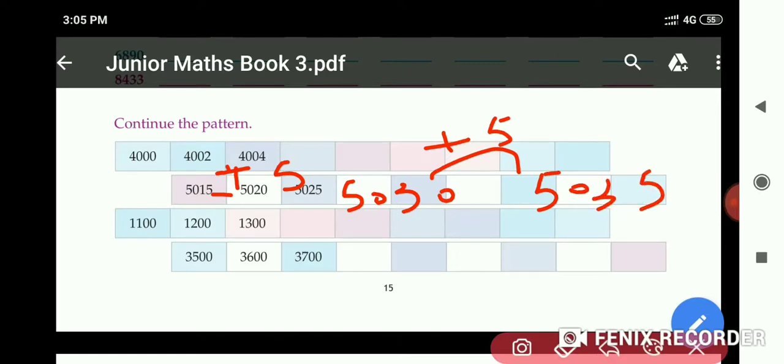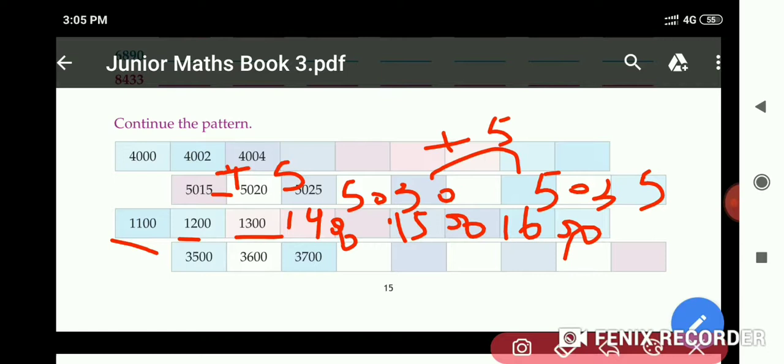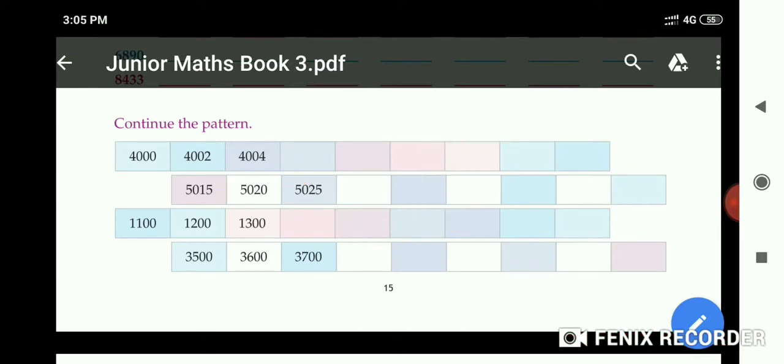Like this plus 5 we will do, and we write the pattern. Here it is given 1100, 1200, 1300. Every time plus 100 is there. So next it is 1400, then 1500, 1600. Like this we will do the pattern. And the rest of the questions you have to do yourself.